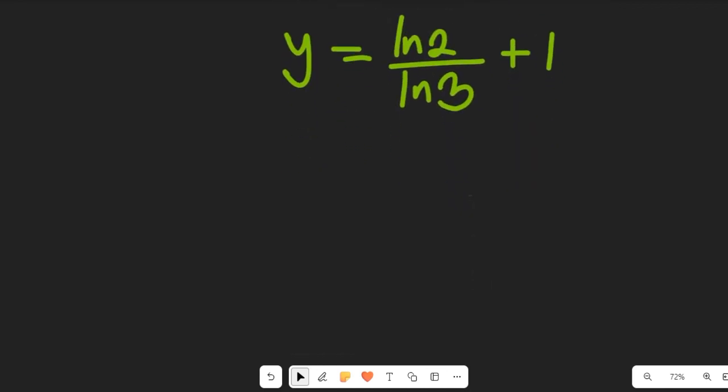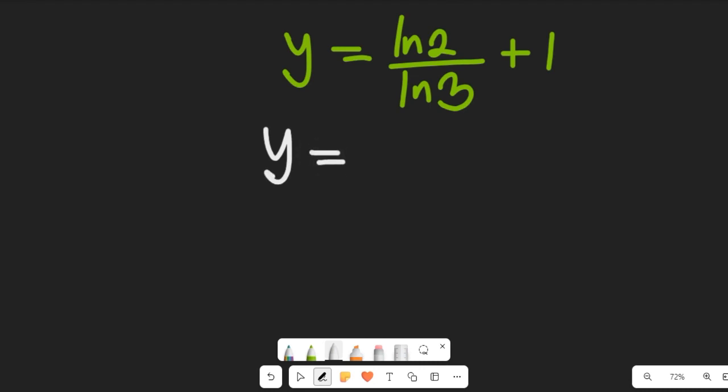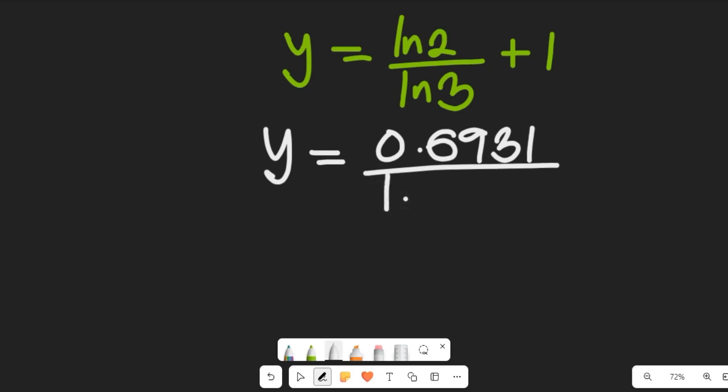Great. In the next stage, what we are going to do is to find the natural logarithm of 2 and the natural logarithm of 3. If I punch my calculator, the ln of 2 is going to give me 0.6931, according to my calculator, divided by the natural logarithm of 3, which gives 1.0986 according to my calculator, and this will be plus 1.